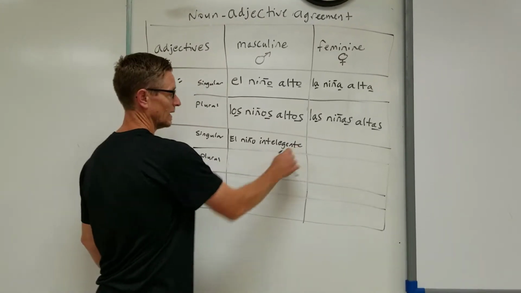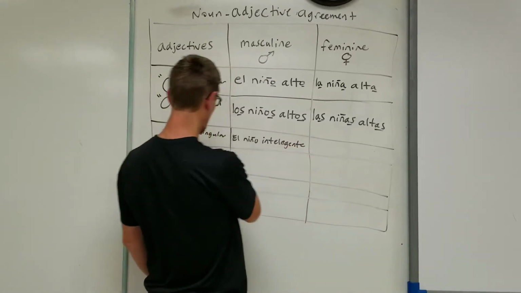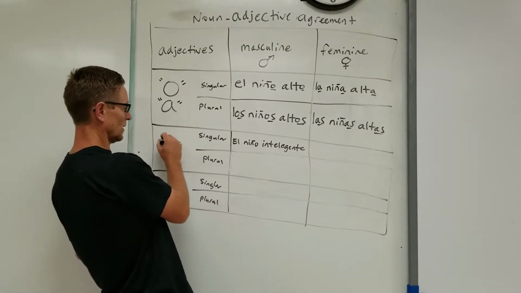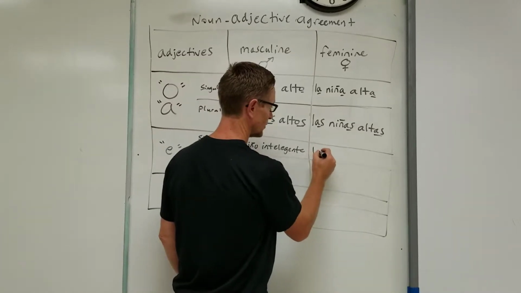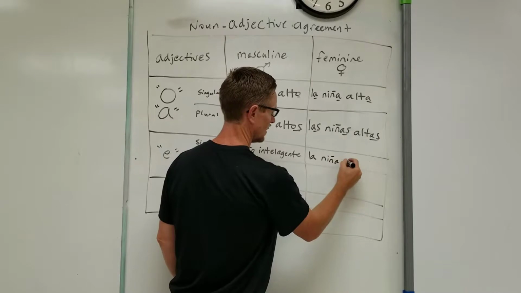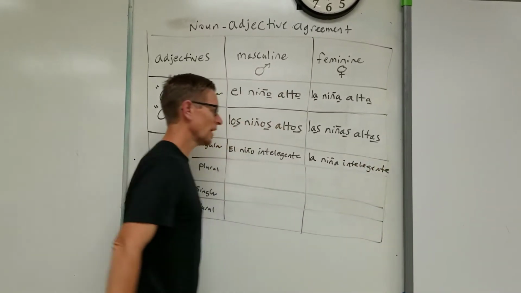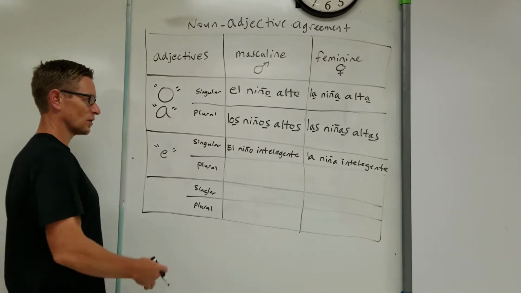Notice that this did not end in O, just because this was a boy. Because the adjective here ended with an E, and so that's what we're talking about here. If you want to say the intelligent girl, it'd be la niña inteligente. Didn't really change. Don't put an A there just because it's a girl.